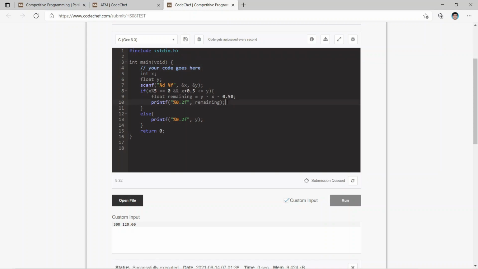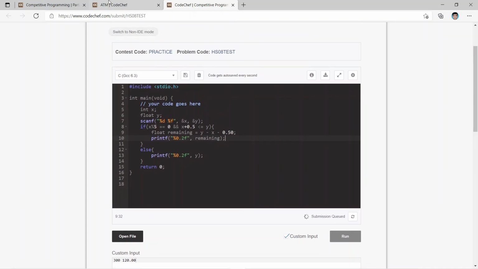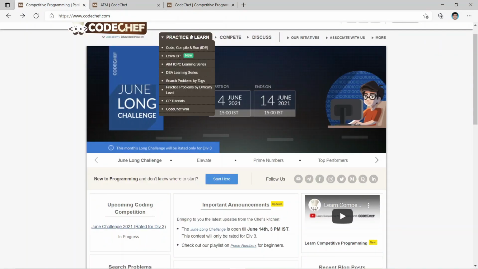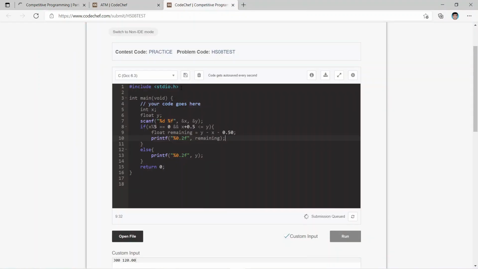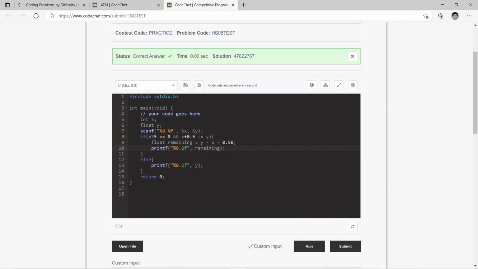So this is a very basic question and you can find it in the practice section of CodeChef. It is still running. So we did it, we solved it, it is the correct answer.